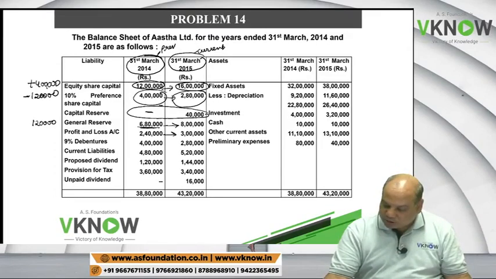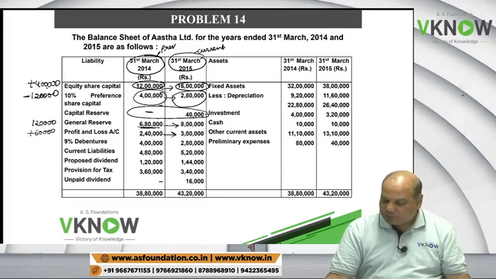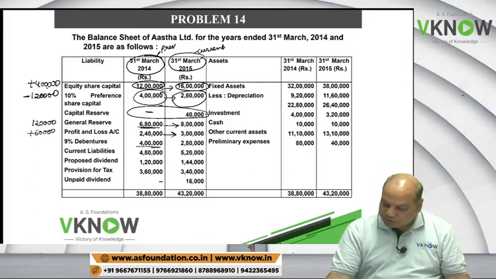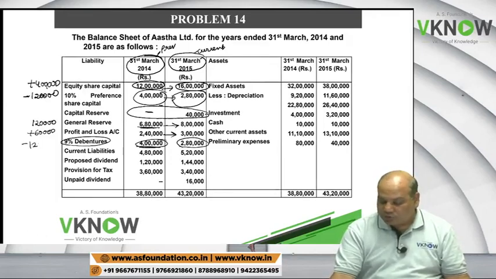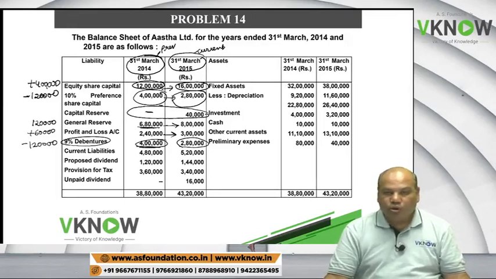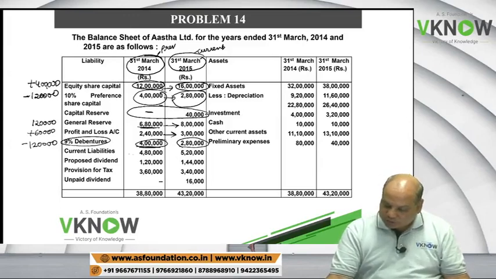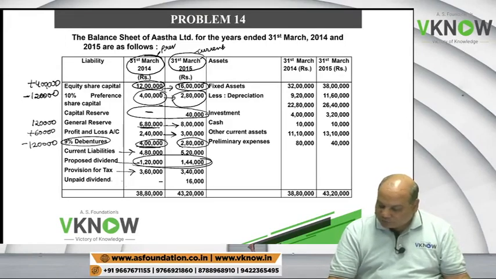P&L account: current year addition 60,000 after all adjustment. Debenture was 4 lakh, now it is 280, so there is a redemption of 1,20,000. Current liabilities: proposed dividend, provision for tax, and there is an unpaid dividend also.